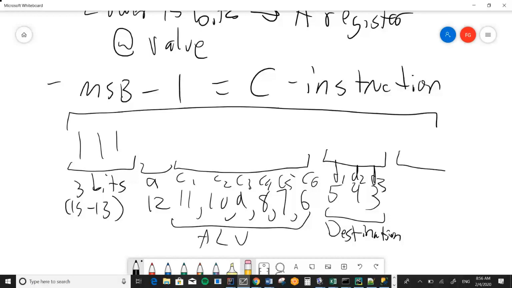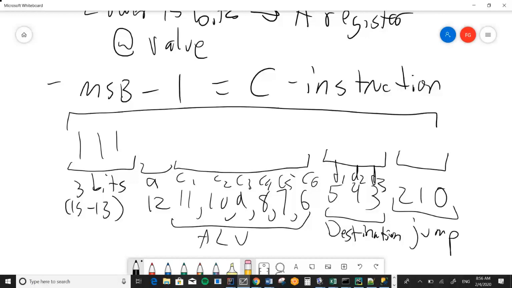Finally, we've only got 3 bits left. 2, 1, and 0. These are the jump bits. So each jump bit corresponds to whether a jump is happening given a certain condition. Again, I don't remember which is which. We can easily look it up. But the concept is this.